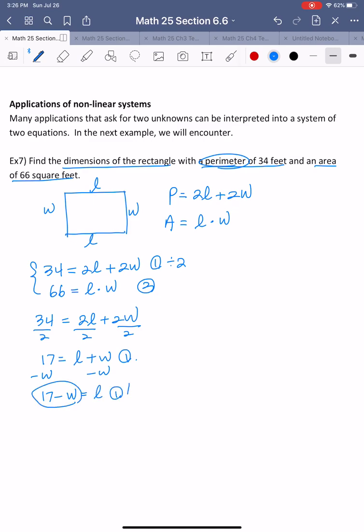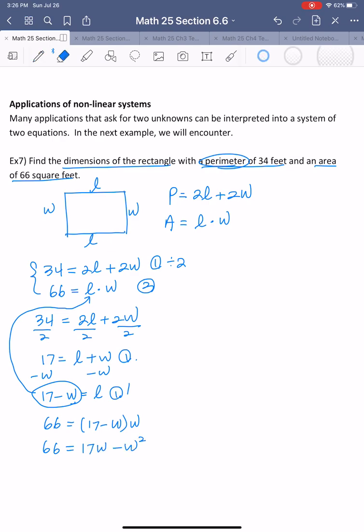Now 17 minus W, I'm going to plug into equation 2. So I got 66 equal to 17 minus W times W. And then I got 66 equal to 17W minus W squared. And then if I subtract 66 from both sides, I got 0 equal to negative W squared plus 17W minus 66. I want to put it in descending power, okay? And then I'm going to multiply by negative 1 on both sides.